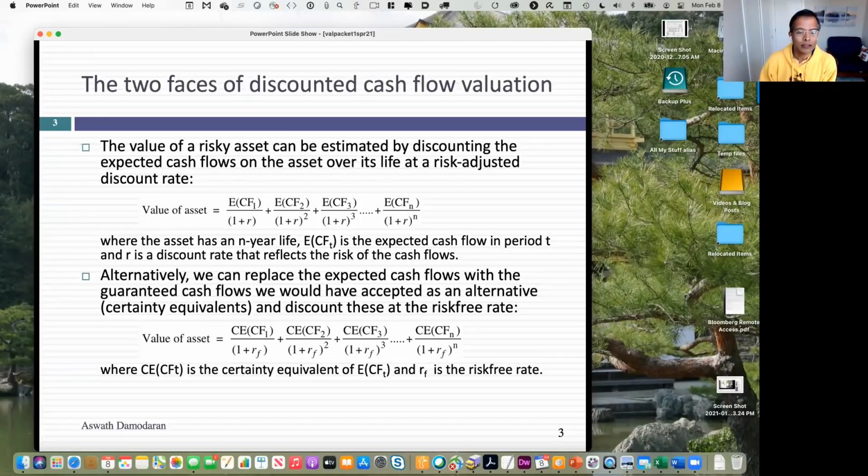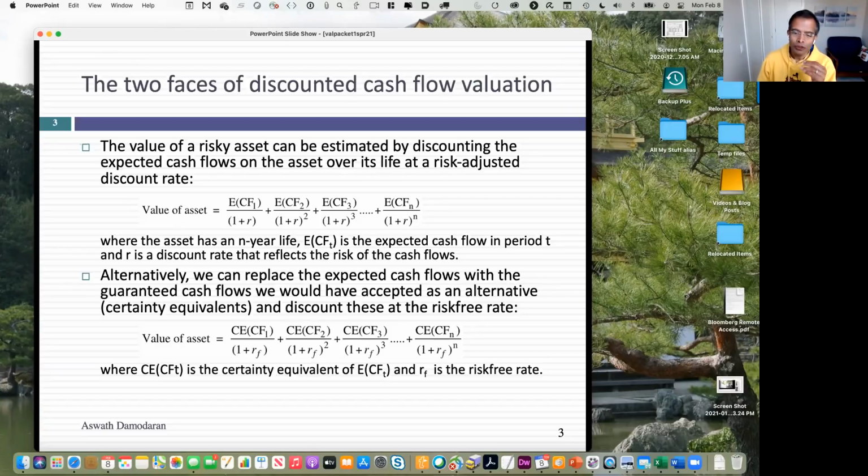You've now replaced your expected cash flows with certainty equivalent cash flows. What's the discount rate you would then apply on those cash flows? The cash flows are certainly equivalent. So you know what discount rate you would use? The risk-free rate. And if you do it right, you'll actually get the same answer, because the same risk aversion that leads you to push up discount rates is the risk aversion that tells you how much you would accept as a certainty equivalent.